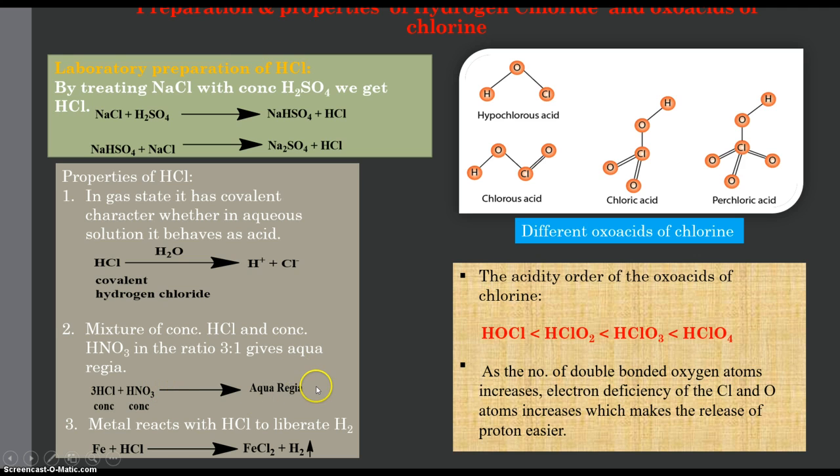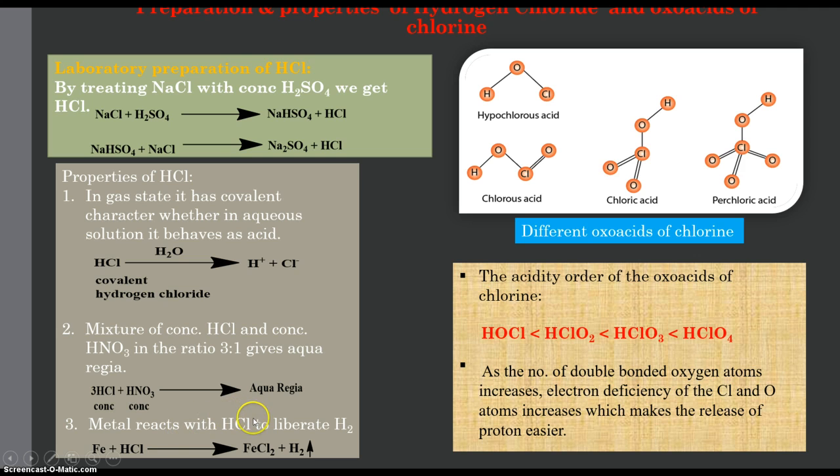This aqua regia is very effective at dissolving some substances that do not dissolve in any solvent. In that case we use aqua regia as a solvent. It can easily dissolve those compounds.